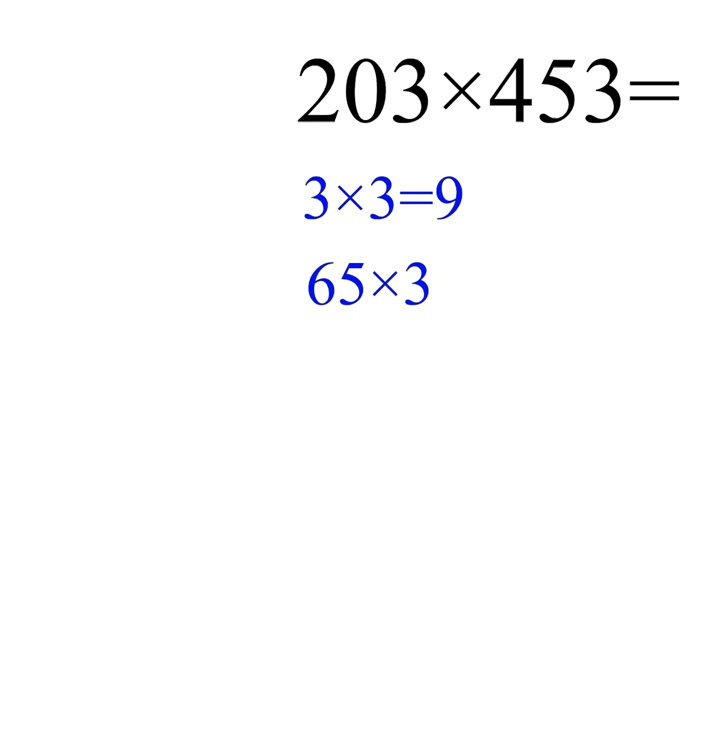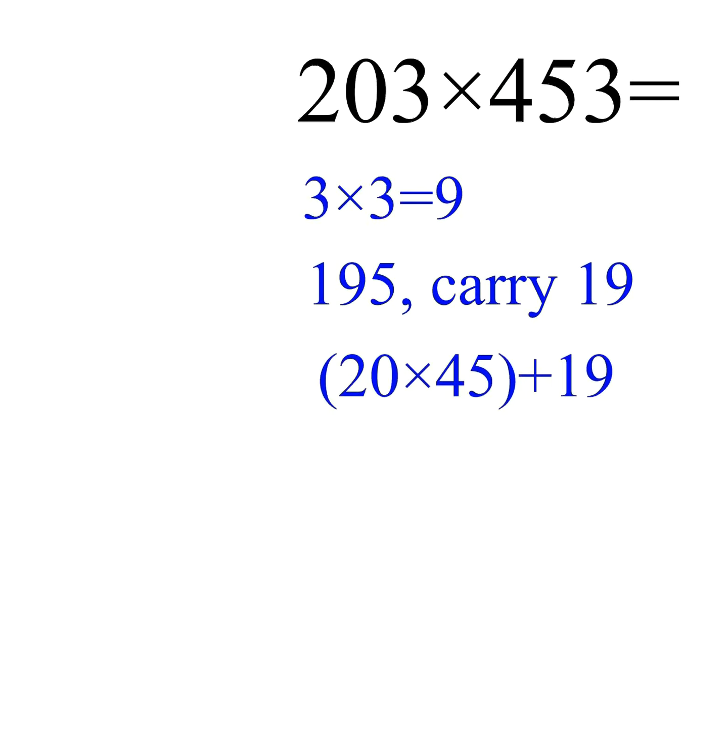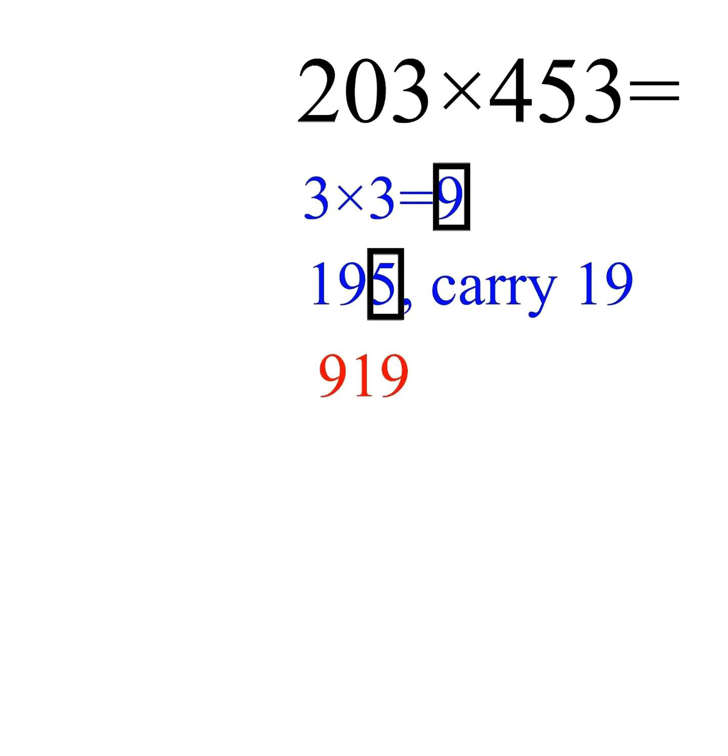So that would be 195. We carry 19, and the last step is multiplying the remaining numbers by each other and adding it to the 19 we carried before. So this would be 919, and we add the ones places of the previous steps in front of it, and that's it. This is our answer.